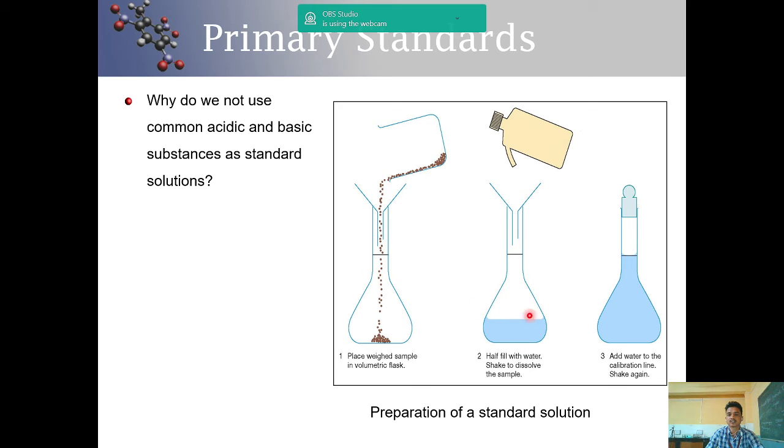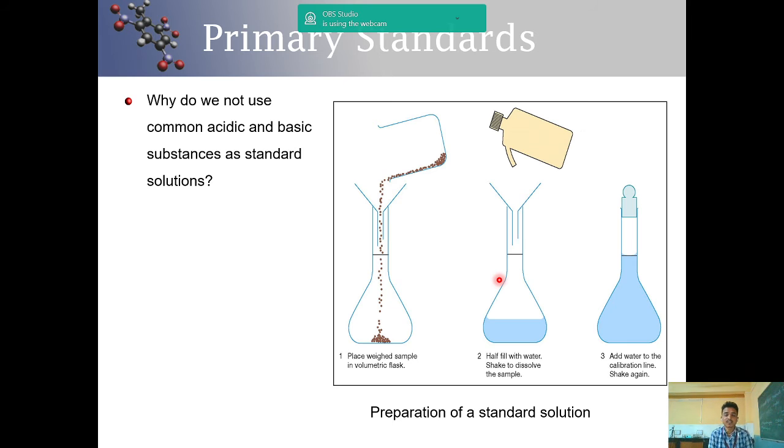When I shake this volumetric flask, then these chemicals, these primary standards, can be easily dissolved. After dissolving, I have to add water up to this point, because this is the calibration mark. Every volumetric flask has this calibration line at the neck of the flask. So this is the standard process to make a standard solution. So this is the preparation method of standard solutions.